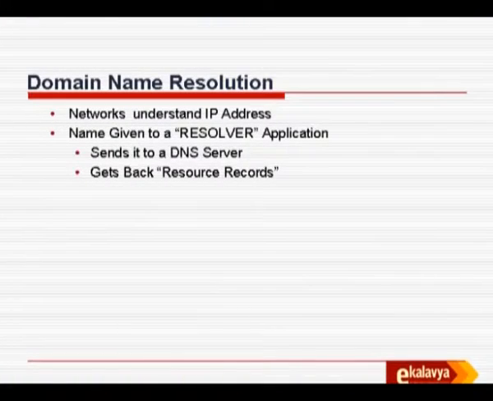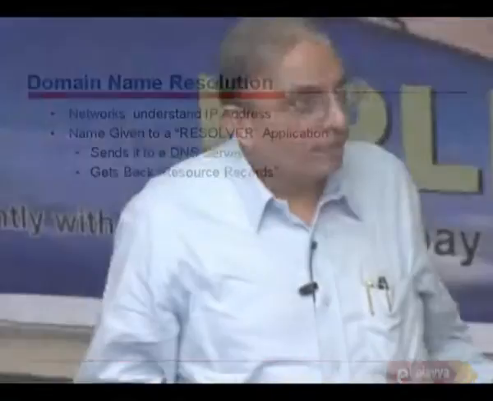How do you resolve a domain name? Because networks understand IP addresses. To resolve the domain name, you have a name. You give that name to a server which does this resolution. That server does some work, finds out the IP address and sends it back to you.